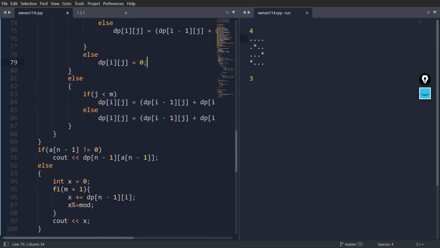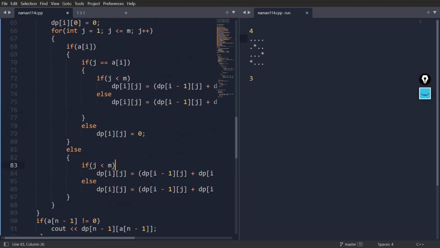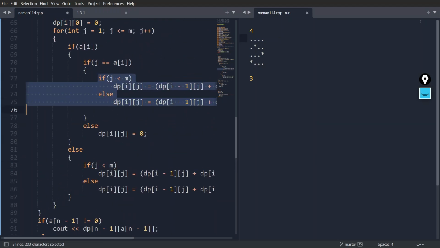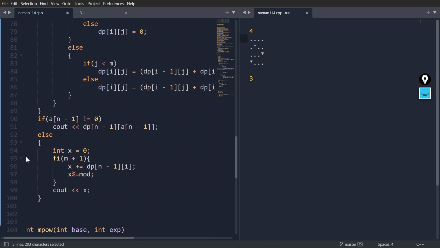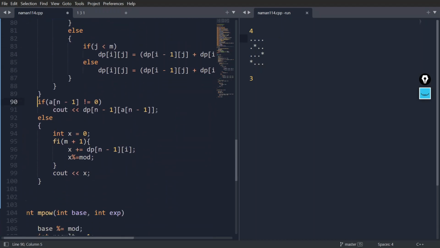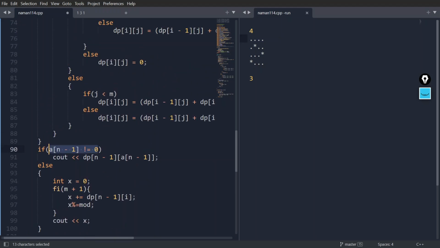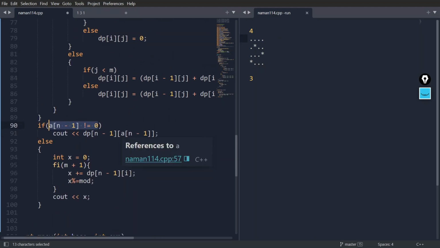Else, if j is less than n, again the same condition, these two are exactly the same, just copy paste it. And next, what we'll be doing is if a[n-1] is not equal to 0, that means that our last element is fixed. If our last element is fixed, we don't need to worry about the results here because we know that every cell of the row would be zero except the n minus one, because we saw it here.